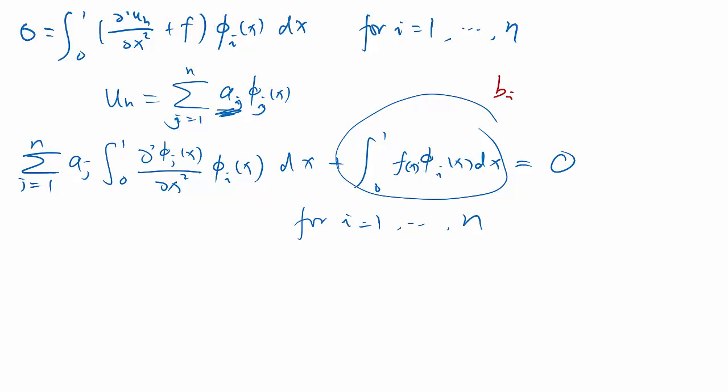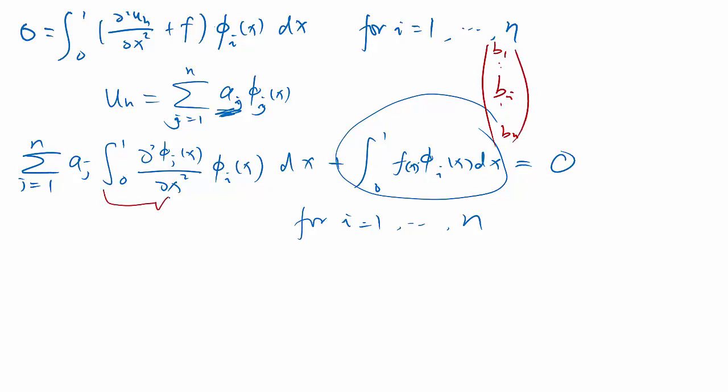For each basis function, for each I, I can take whatever f is. I don't have to approximate it using piecewise linear. I can take whatever f is, and I can integrate f with one of these basis functions, right? That gives me a particular component of this n-dimensional vector b. So by doing this, I can get b1 through bn.